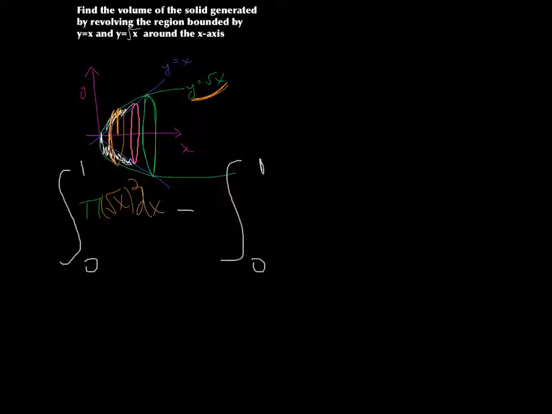From here, the radius of this is going to be y equals x. And it will also have a depth of dx. So for this we have dx times pi times, it's always r squared for the area, and the radius is x, so it's x squared.